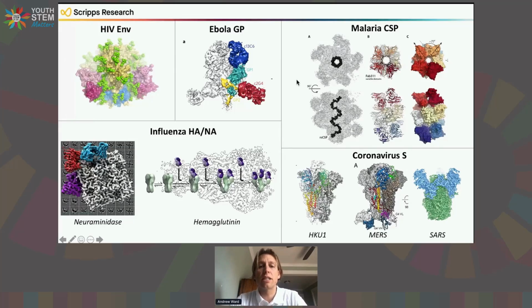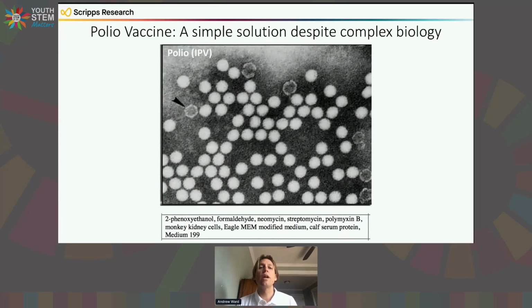In most cases, we're looking at how antibodies bind to and neutralize these viruses. From there, we can learn lessons about how to design better vaccines and really focus immune responses to the critical pieces. This is in contrast to historical vaccines and many of the childhood vaccines that you may have received.